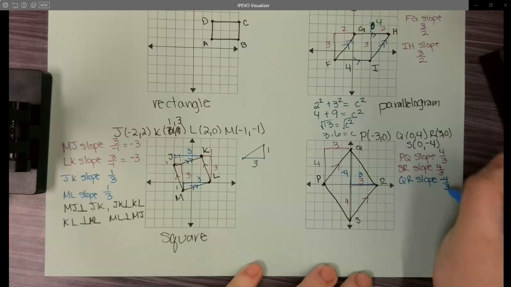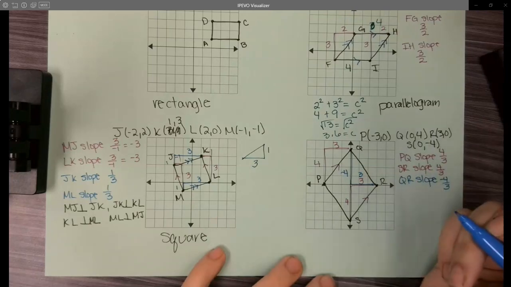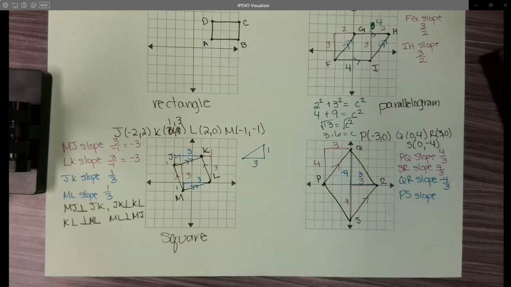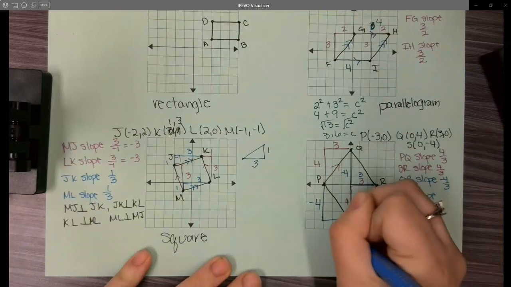So this is -4/3. Then I want to do the same thing for PS. This one is going down 4, right 3.